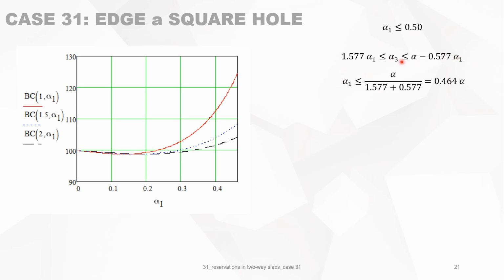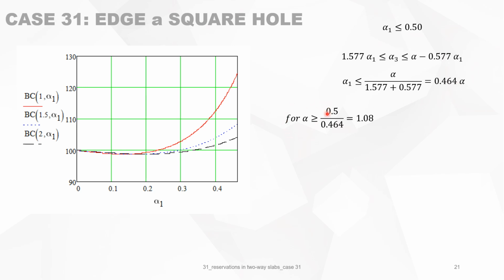Now, for alpha 2, to obey this rule, alpha 1 must always be smaller than 0.464 alpha. That is when this is equal to that. Otherwise, alpha 3 cannot be expressed. It's not right. Now you see that there are two conditions on alpha 1 depending on alpha.